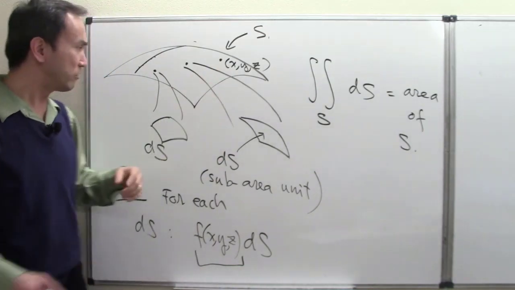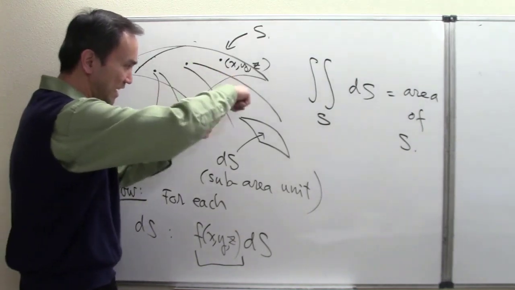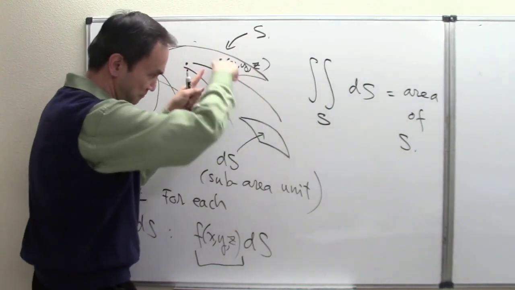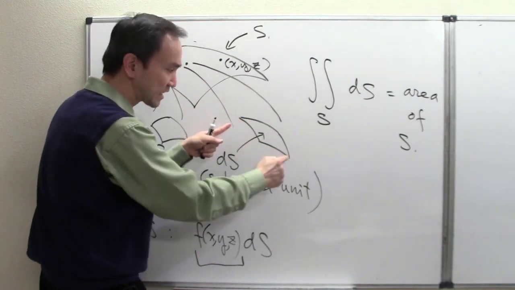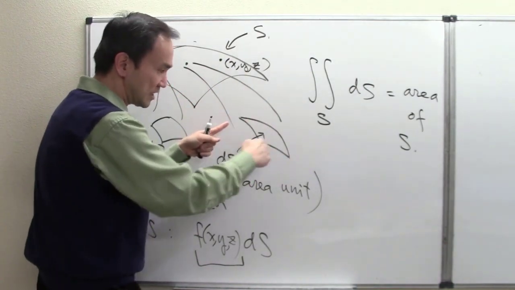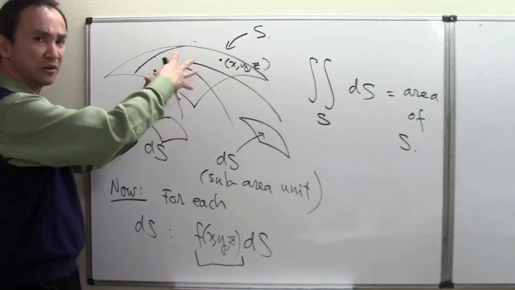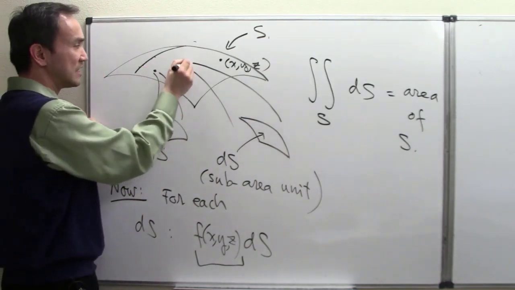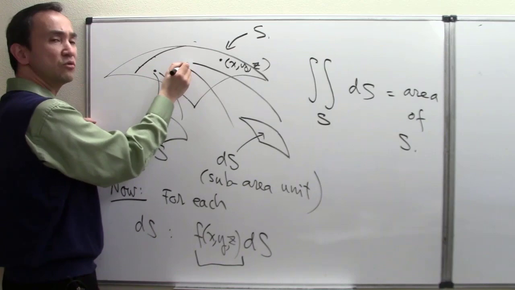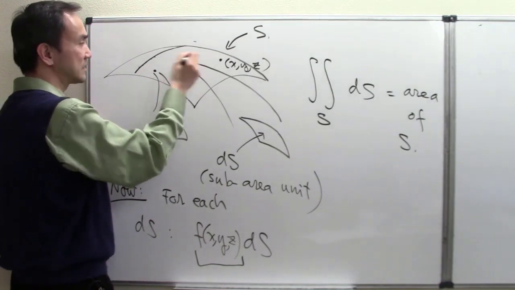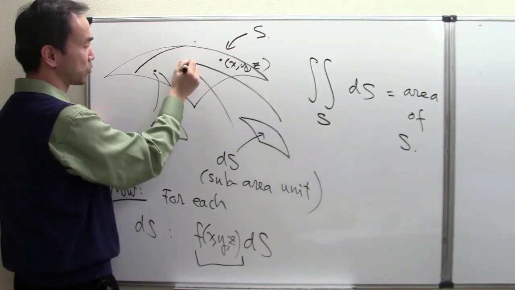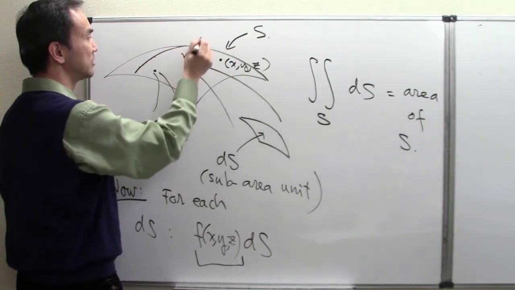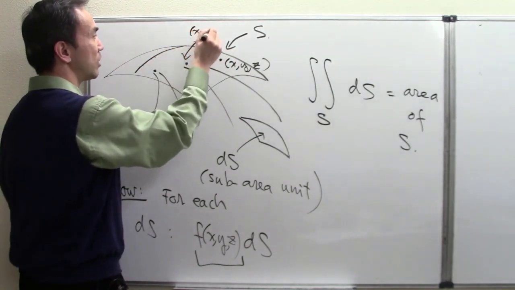So why is it only at a given point? Even though we magnified it to a very extreme level so that we can recognize a noticeable sub-area unit, in the end, looking from afar, it's a very small area unit, to the point that the whole sub-area unit shrinks to just one point itself, and that point is simply the point x, y, z.